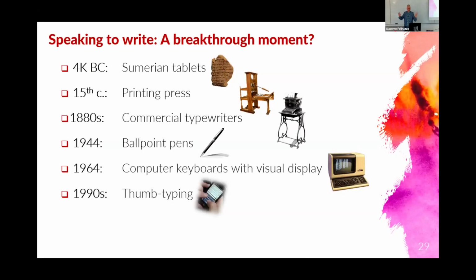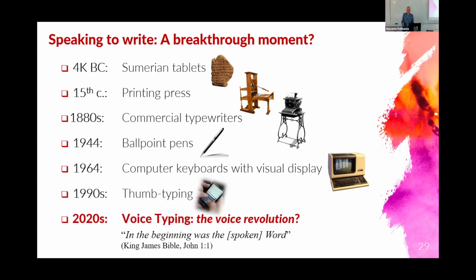So this is just an overview of the history of writing, or the major breakthroughs in the history of writing. We started with the Sumerian tablets, the printing press, ballpoint pens, and more recently thumb typing because of the rise of cell phones. And now there is what I call voice typing, or the voice revolution, which is the use of your voice.